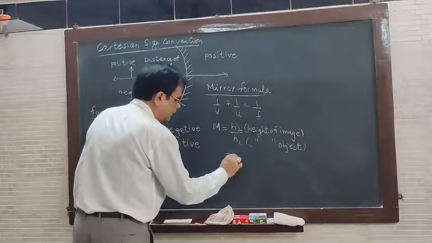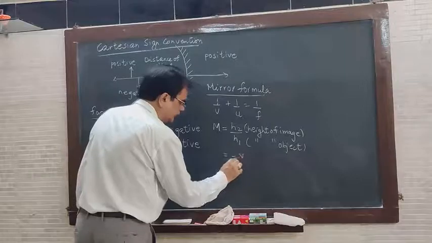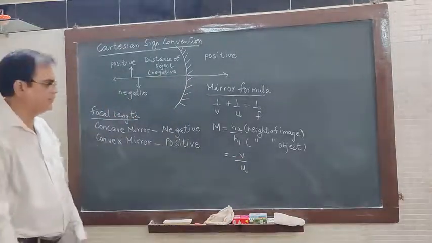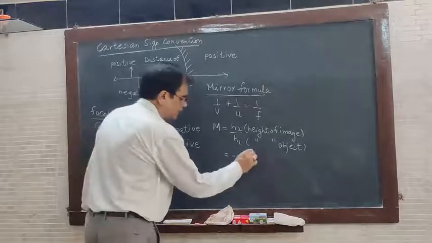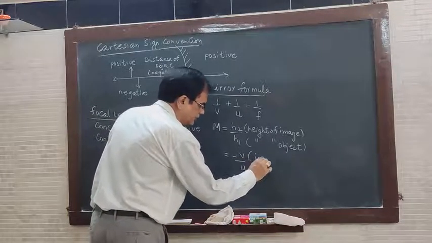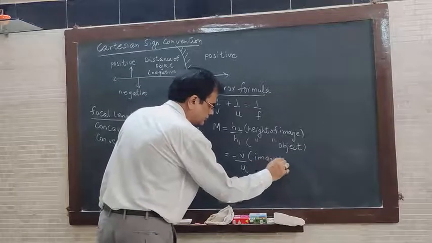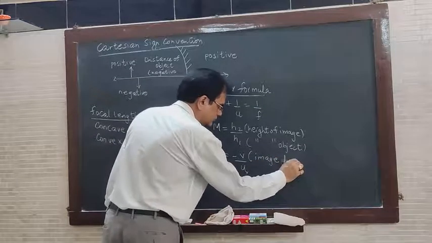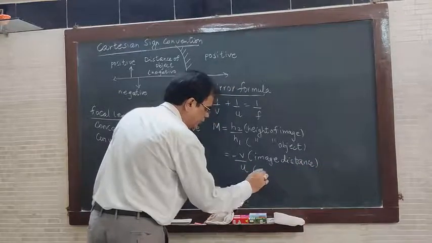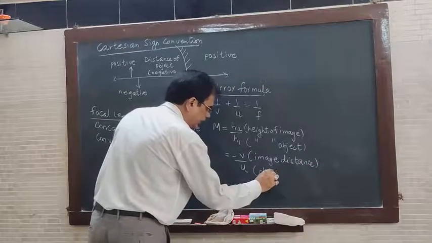Or it is also equal to minus v upon u. v is your image distance and u is your object distance.